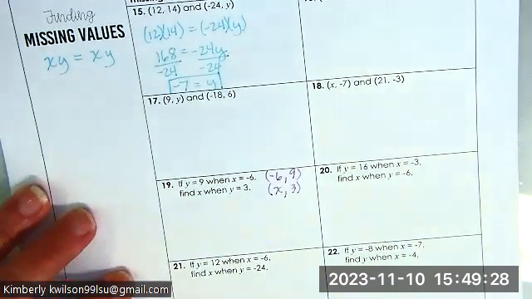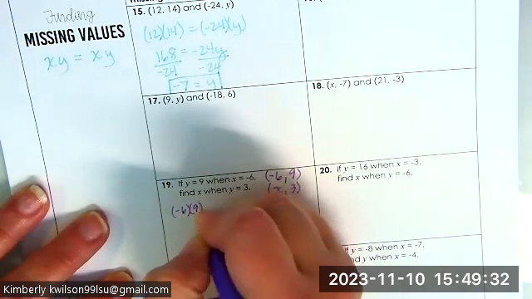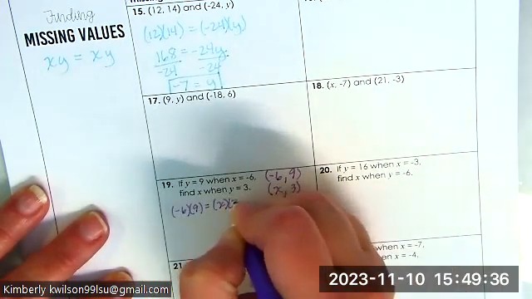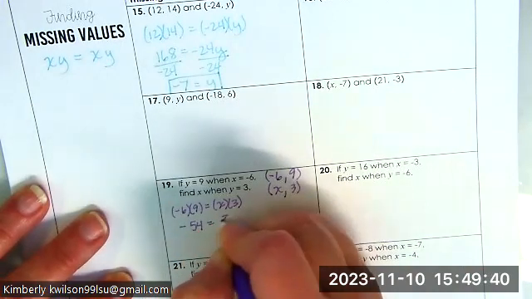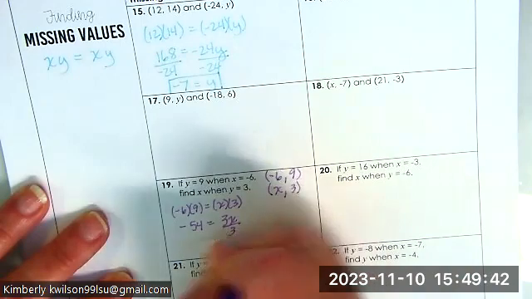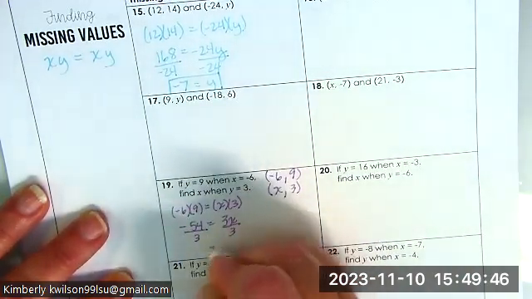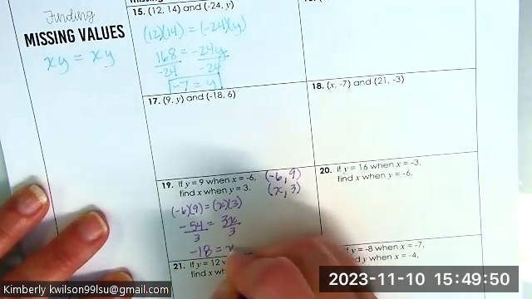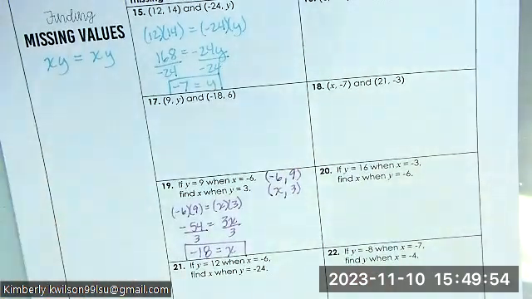Again, the product equals the product, so I'm going to have -6 times 9 equals x times 3, which gives me -54 equals 3x. Divide by 3 to get x by itself. And we end up with -18 equals x, which is my missing value.